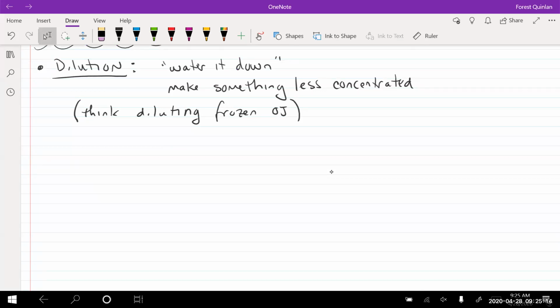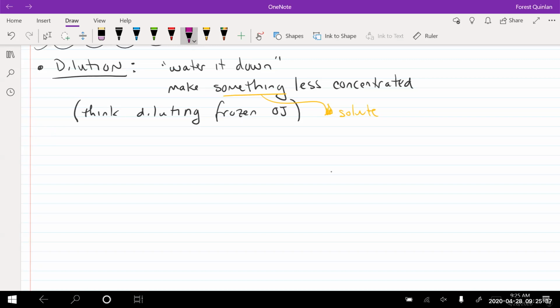When we're making something less concentrated, what are we actually really caring about? The something here is we want to make the solute less concentrated. So when we're adding more water, we're actually spreading out that solute. We're trying to make its presence in the solution more dilute.